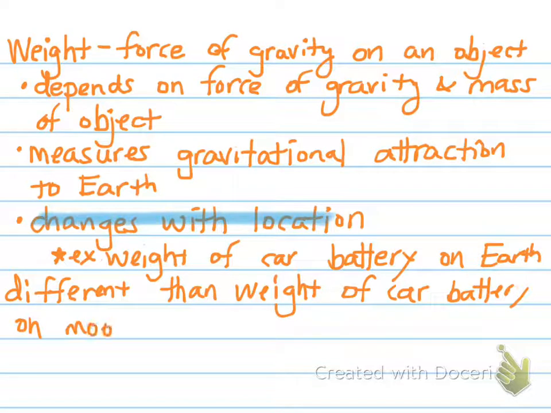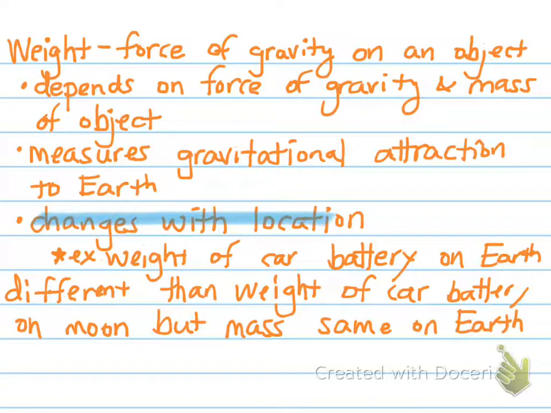In fact, because the moon's gravitational pull is about 1/6 the gravitational pull on Earth, the weight of the car battery on the moon would be 1/6 its weight here on Earth. But, and again, remember, the mass of that car battery is the same on Earth and the moon. So mass does not change, but weight does.